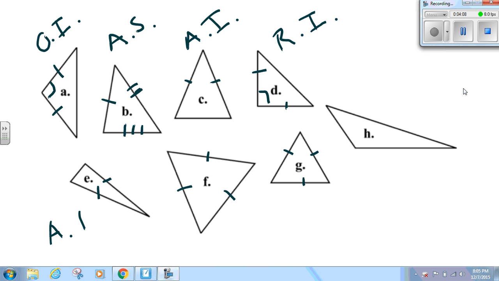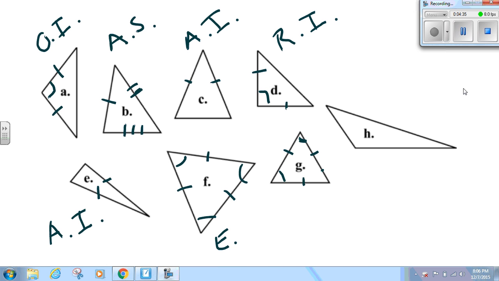F, we can see has equal sides, which also means equal angles in each here. So this would be an equilateral triangle. And we use equilateral for both angles and sides. G, again, we have all sides that are the same, which means all angles are the same.